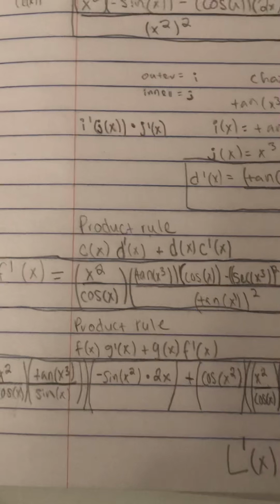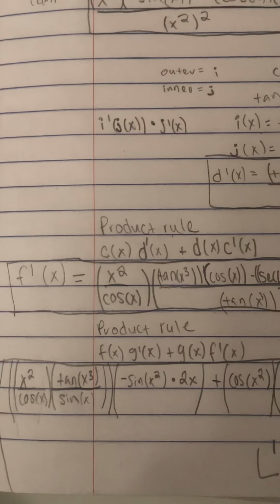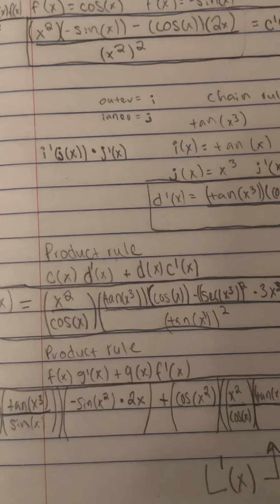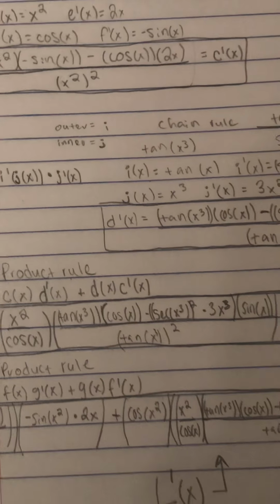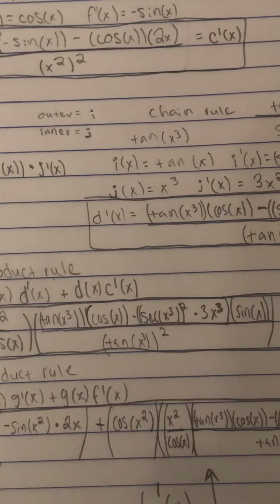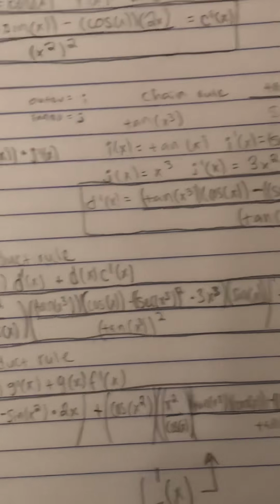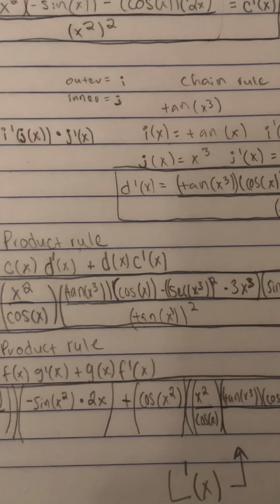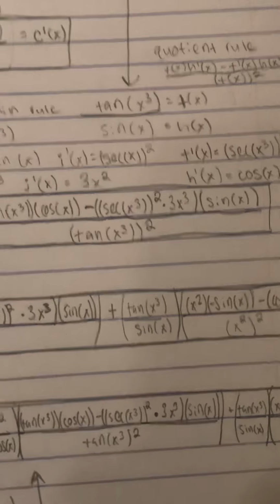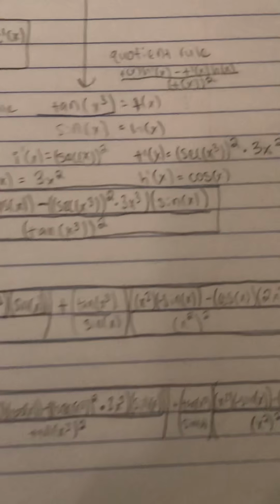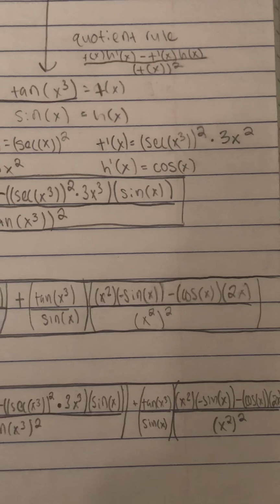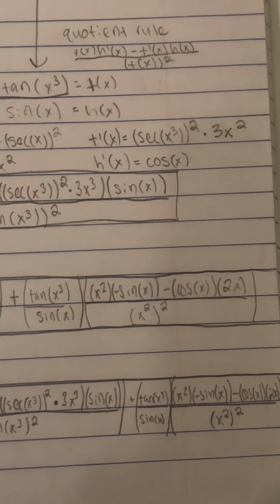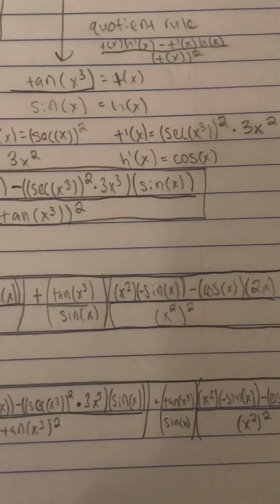So I got x squared over cosine x times tangent x cubed times cosine x minus secant x cubed squared times 3x cubed times sine x all over tangent x cubed squared plus tangent x cubed over sine x times x squared times negative sine x minus cosine x times 2x all over x squared squared. And that is the derivative of f of x.